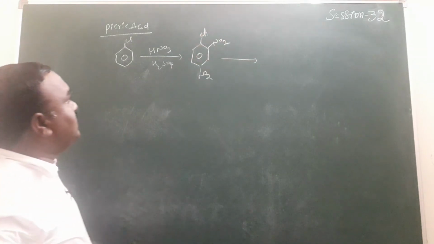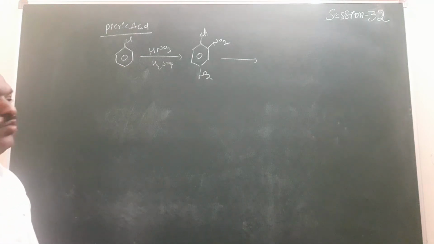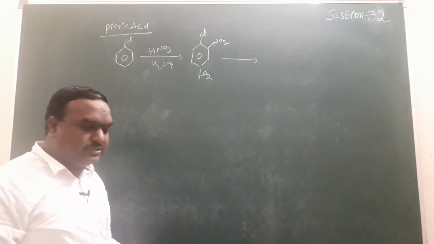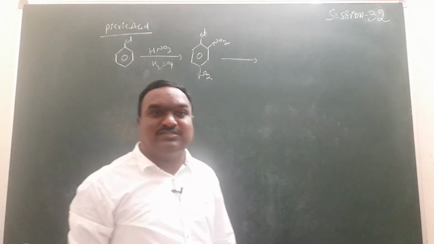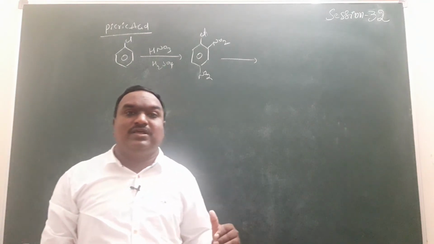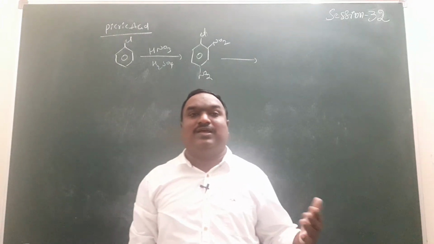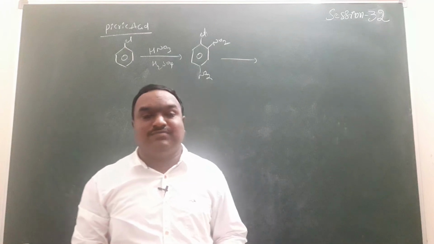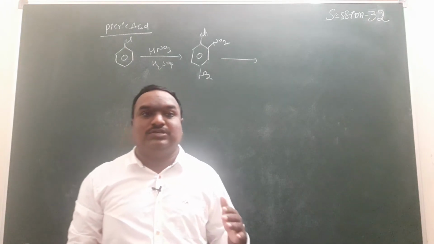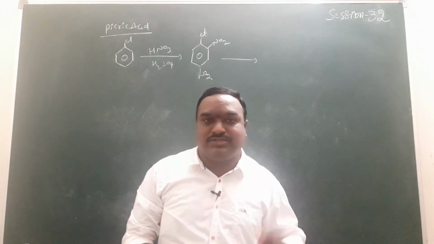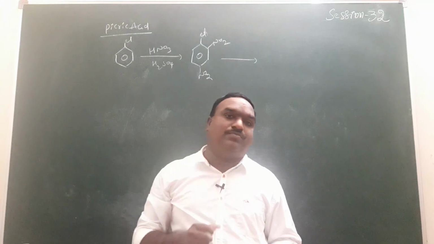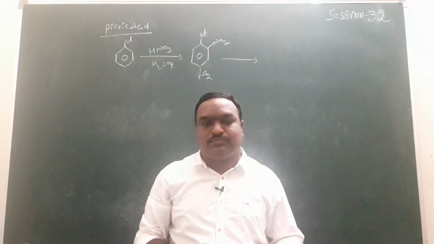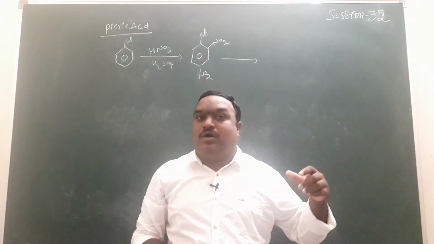So, how to remove the chlorine in this reaction? What type of reaction is required here? Nucleophilic substitution reactions. We have discussed that concept: a simple aryl chloride, aryl bromide, or aryl iodide has somewhat lower reactivity towards nucleophilic substitution due to conjugation between the carbon and the halogen.